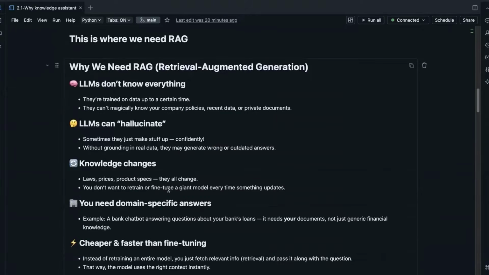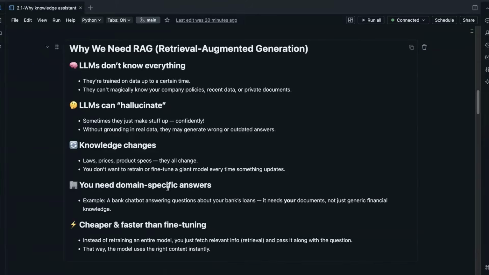Why do you need a RAG system? RAG stands for Retrieval Augmented Generation. First thing first, LLMs don't know everything. Whenever a company like OpenAI, Anthropic, Microsoft or any big company trains a model, they use all their data to train it. But they do not know all your business data.